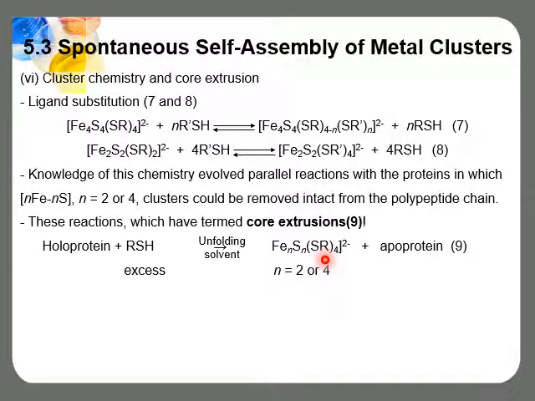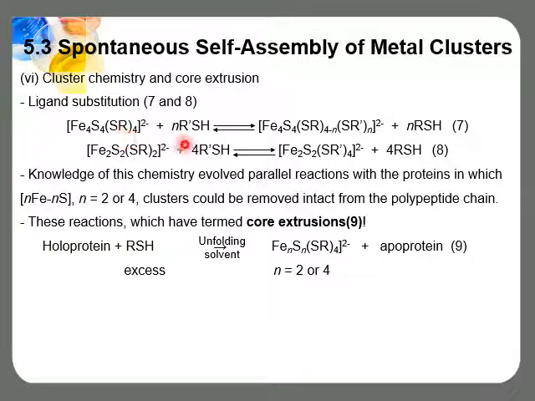Here we will see the core extrusion technique based on the cluster chemistry. Here reactions 7 and 8 show how the bioinorganic chemists extruded the iron-sulfur cluster from the protein. Suppose that this is the iron-sulfur cluster unit inside the protein.